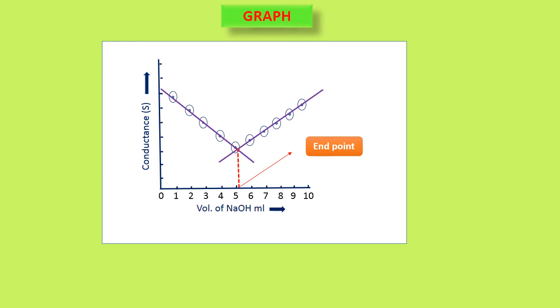The line should be a straight line. Okay, as shown here, it should be a straight line. So maximum points need to be joined. The end point, wherever the line cuts, that is your end point. So the end point could be anywhere in between the points or on a point. Wherever the line cuts, that is your end point. Here also you can see the end point is 5.1 ml. Okay, so it can be anywhere.